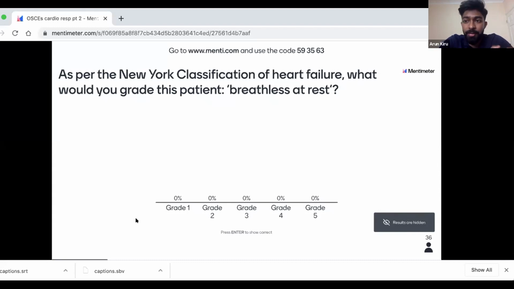So this patient's breathless at rest. This is just an MCQ. Don't think that your OSCE case is, but the patient's breathless at rest. How would you grade them according to the New York classification of heart failure? Grade 1, grade 2, grade 3, grade 4, grade 5.